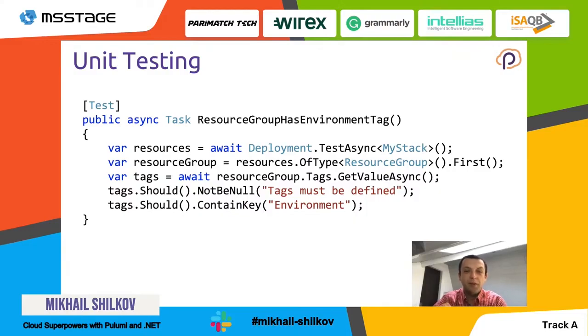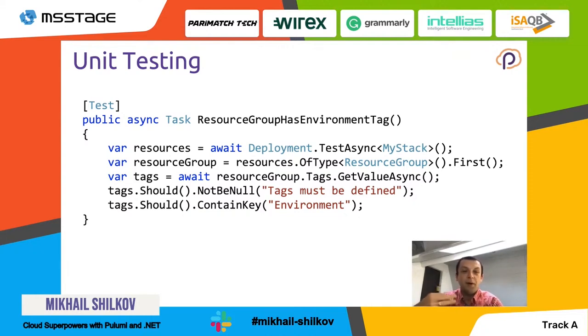Instead of calling deployment run as we did in the demo application, this unit test in NUnit calls deployment.testAsync. That's the first line of the body of this test. And this doesn't deploy anything to Azure. It doesn't even try. It just returns back the graph of resources that I was talking about. So it returns a collection of resources as defined inside the stack. And now it's all in memory, so you can inspect it as you want.